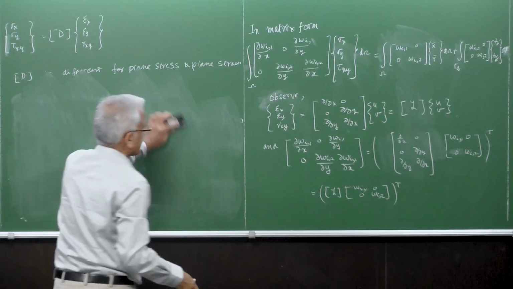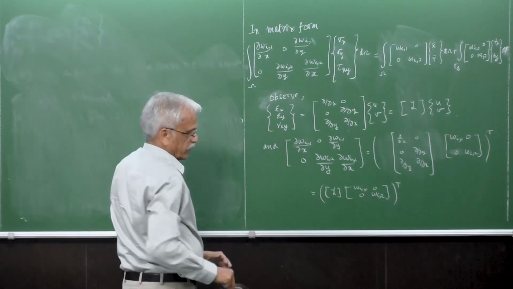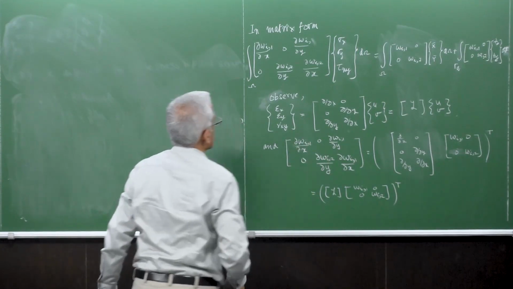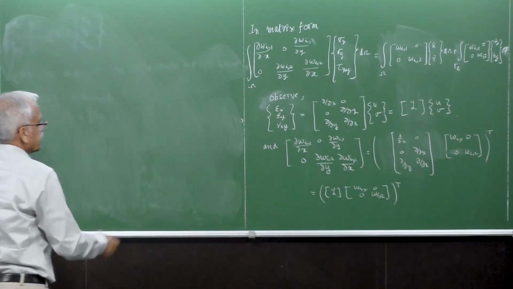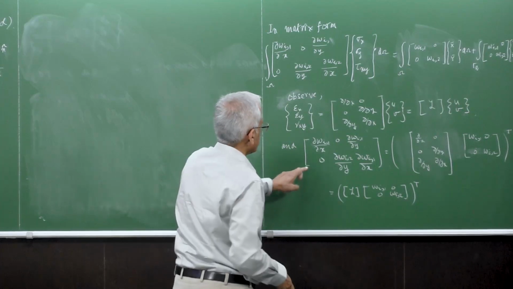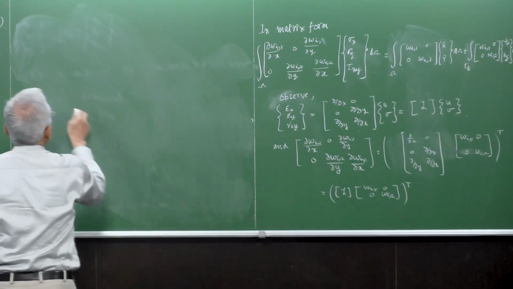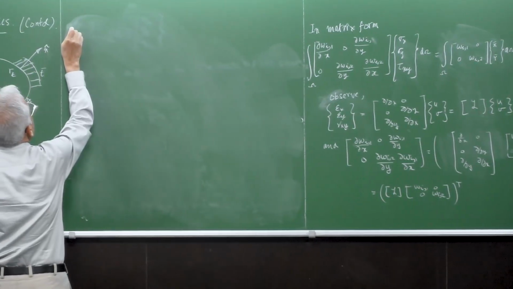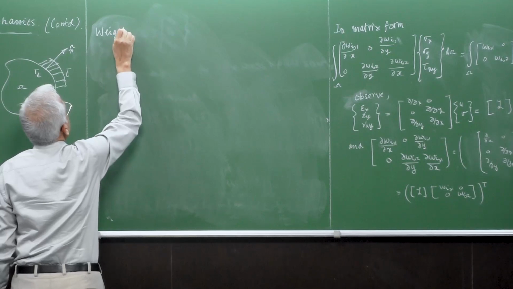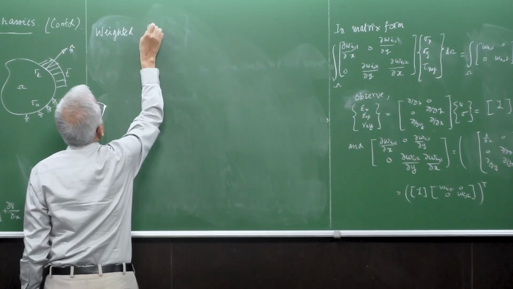So essentially we have epsilon x and the others given like this. Let's rewrite these things. I express these strains and the weighting functions in this manner, and let's substitute that in this form of the weighted residual statement.